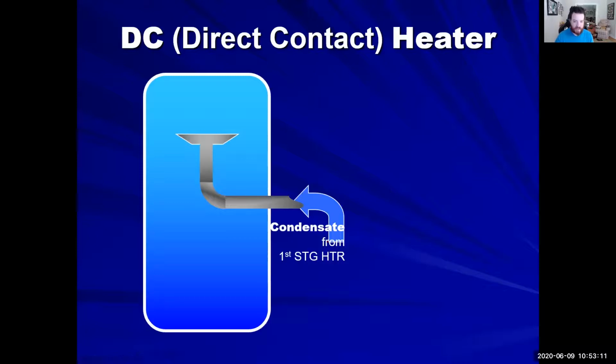So first stage heater condensate comes up and goes into the DC heater. The point of what we're doing here with the DC heater is we're spritzing it up. It's like taking an aerosol can and going into the air. But instead of just letting it formulate into the air, we're going to hit it onto the side with auxiliary steam.